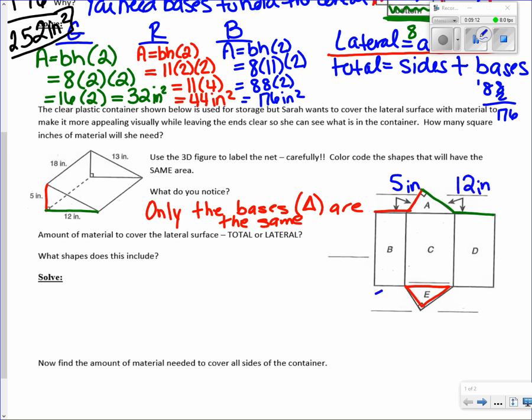Now on the bottom, these are the same, because remember we said that the 2 bases had the same measurements. And likewise, these fold up on each other when you fold it up. So you have to envision what it's going to look like when you fold that up. So this measurement here, this third leg, the long side, if you look up here, is 13 inches.